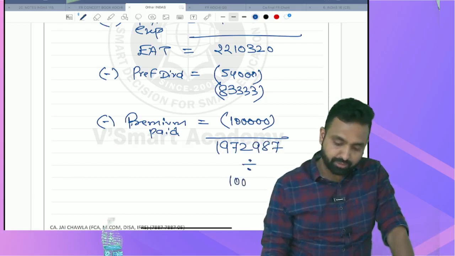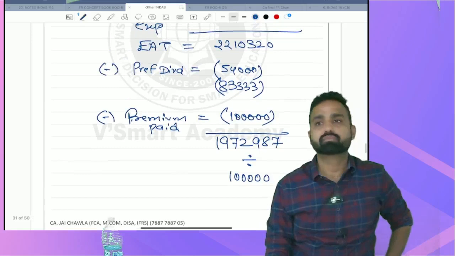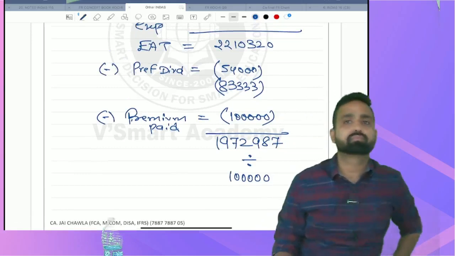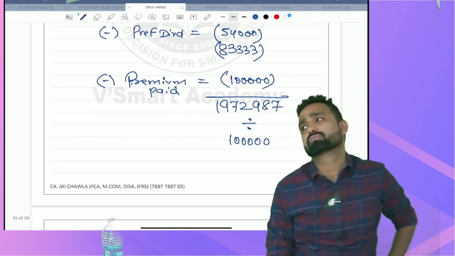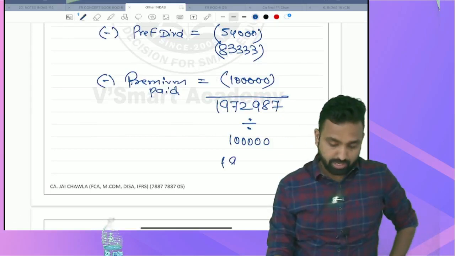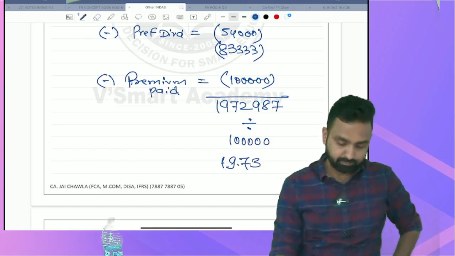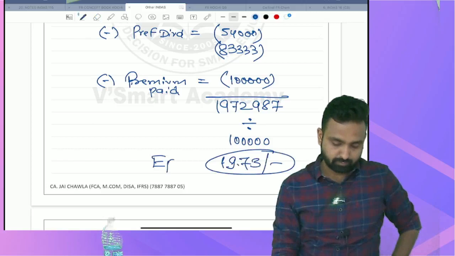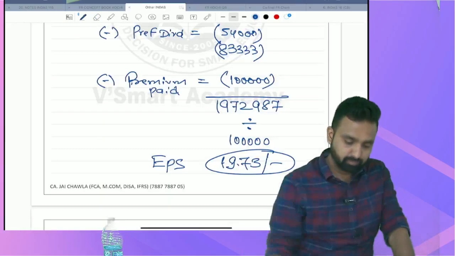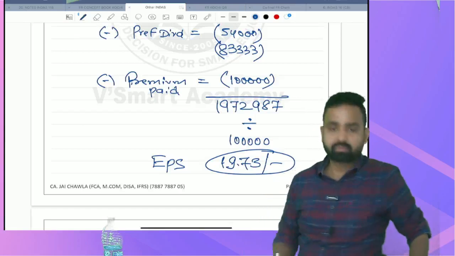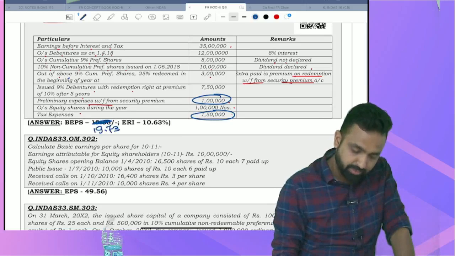Divide by number of shares. 19.73. Done? Make a correction. It's not bad. 19.73.